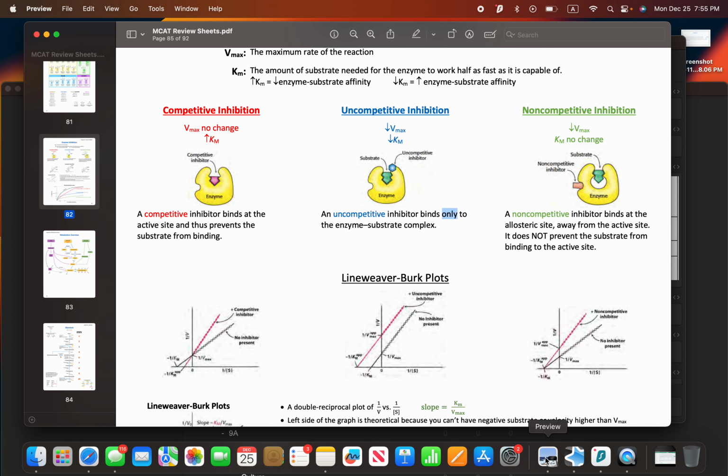So both of these documents are actually saying the same thing. So after all, they might be similar. They might be identical actually in information. We'll see. So if the uncompetitive inhibitor is binding to the enzyme substrate complex, how is it reducing Vmax and Km?